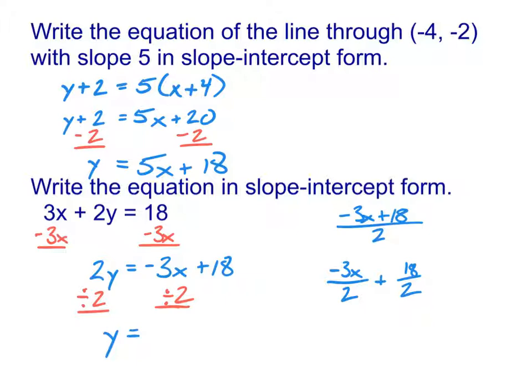Because like this -3x over 2, I want to turn that into just something times x. What is actually being multiplied by x here? It's going to be negative, because you see that's a negative out front there, but then it's 3 over 2, right? I'm going to call that -3/2 x.